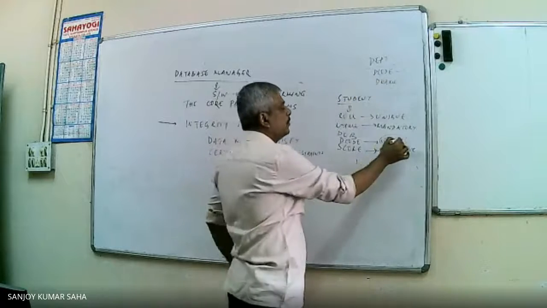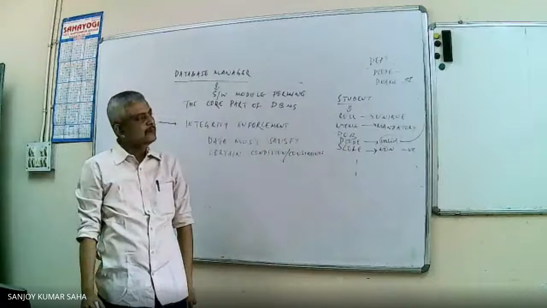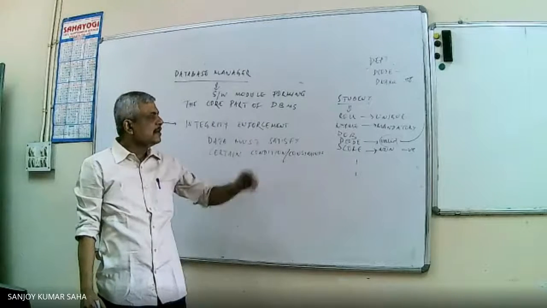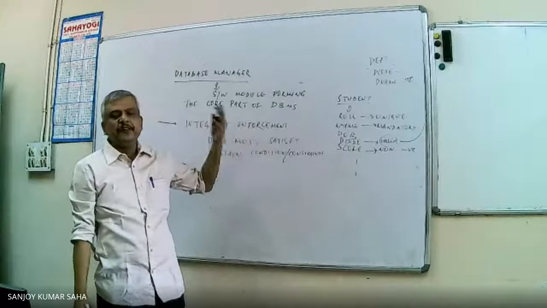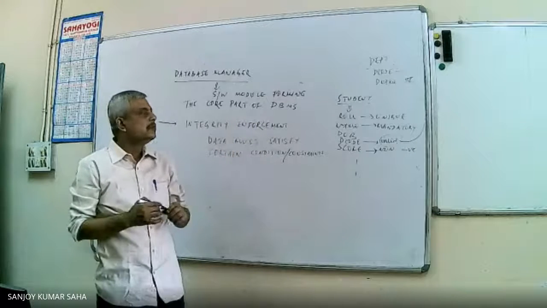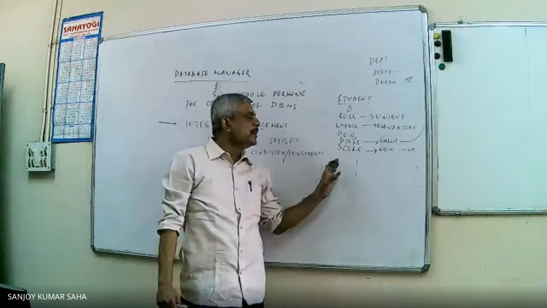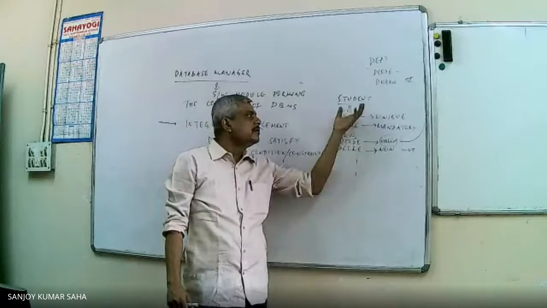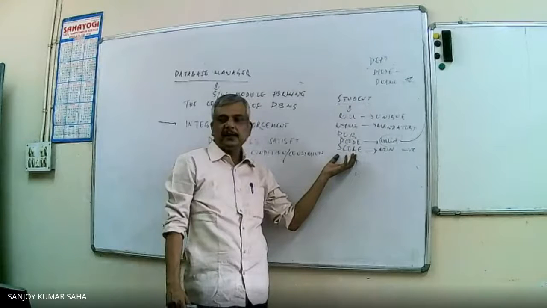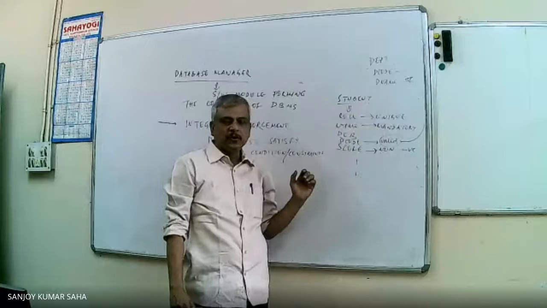So it must be present in this list, in this database. Right? So there will be different kinds of constraints or conditions that data is supposed to satisfy. So whenever we add a record into the student file, we have to check whether this roll number is already present or not.